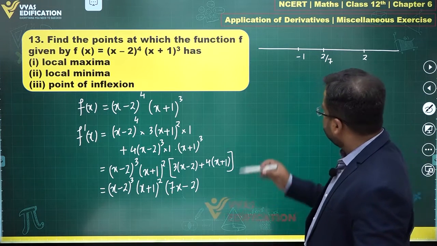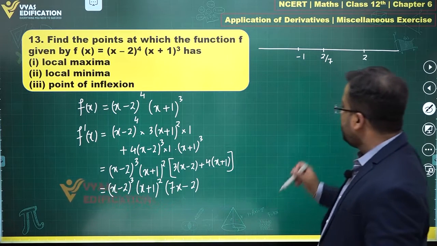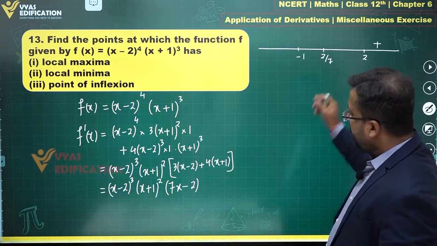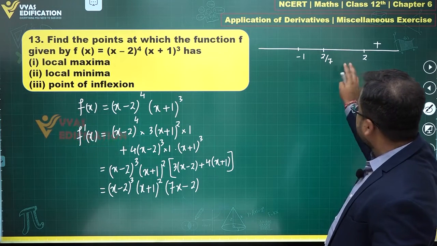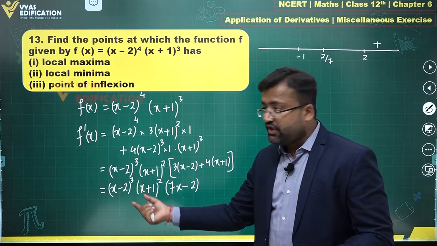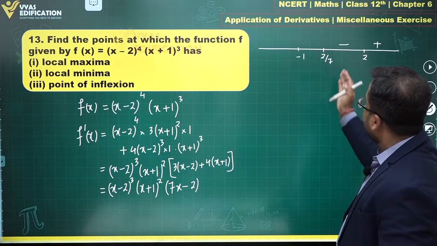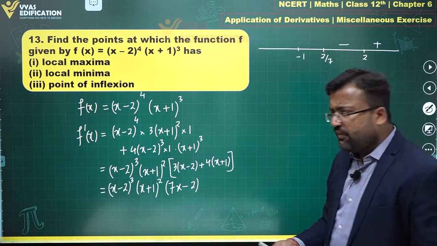Please observe, beyond 2 this will be positive, this will be positive, this will also be positive, so overall it will be positive. Between 2/7 and 2, let's say 1: this is negative, negative to the power 3 is also negative, this is positive, so overall negative. Between these two, let's pick 0, for example.